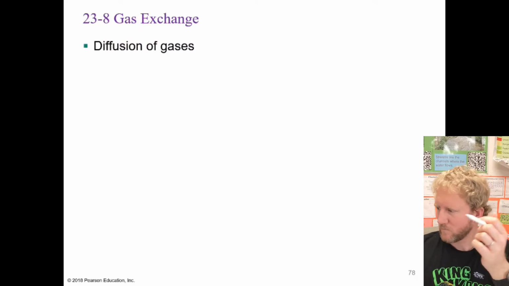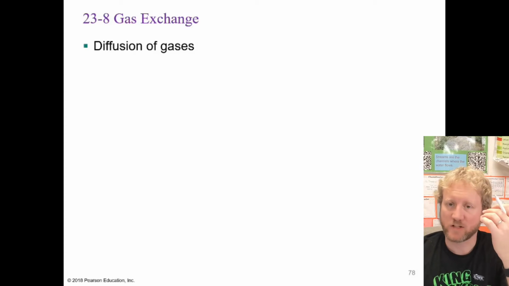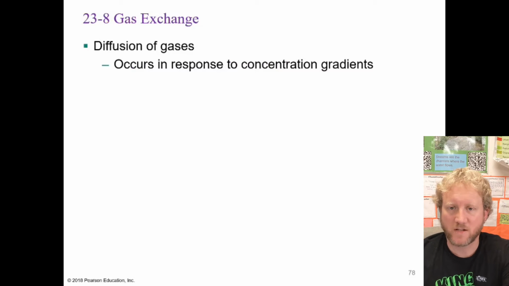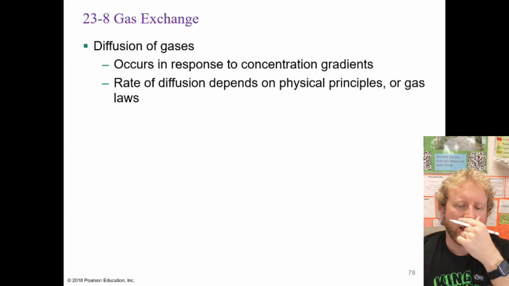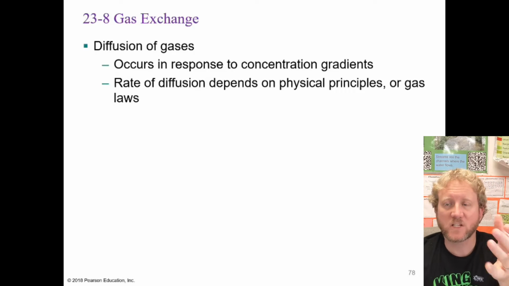Now, gas diffusion occurs just like regular diffusion in response to concentration gradients, high concentration to low concentration, okay? And so the rate of diffusion is going to depend on particular gas laws.